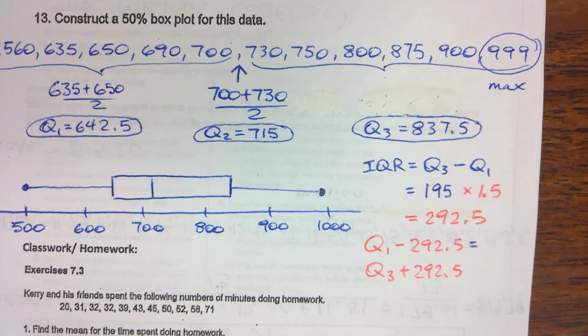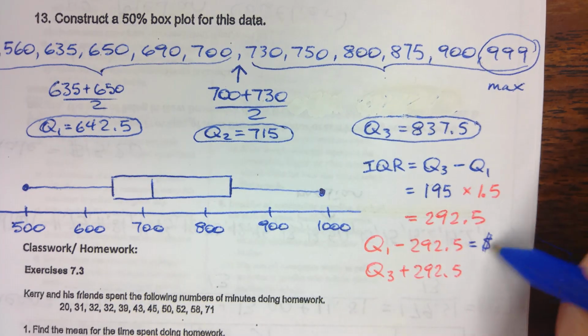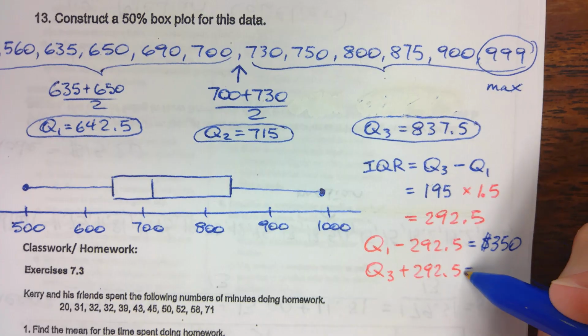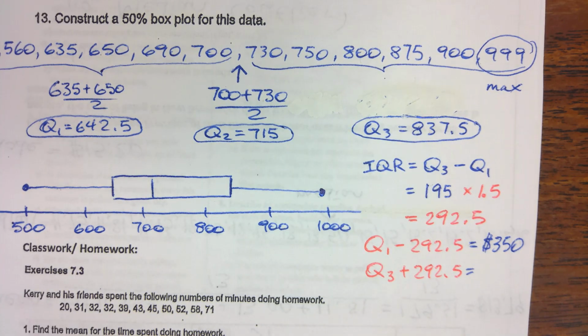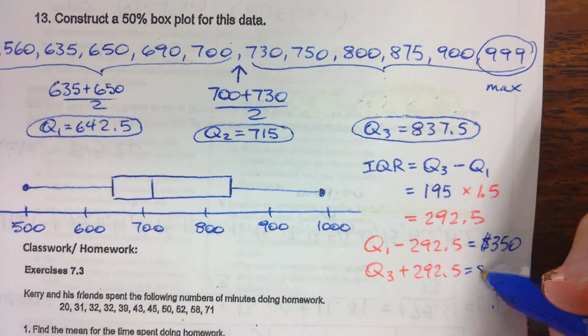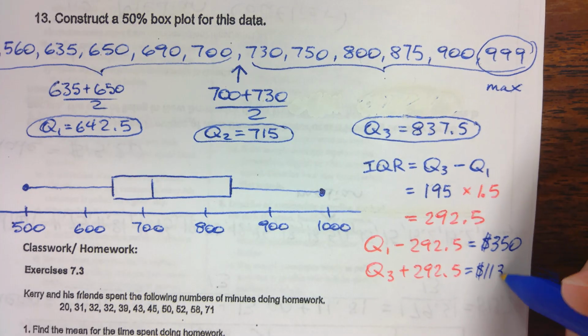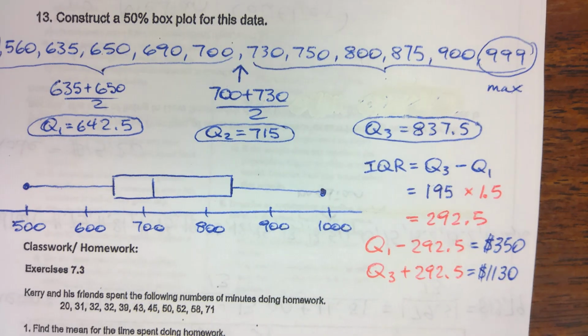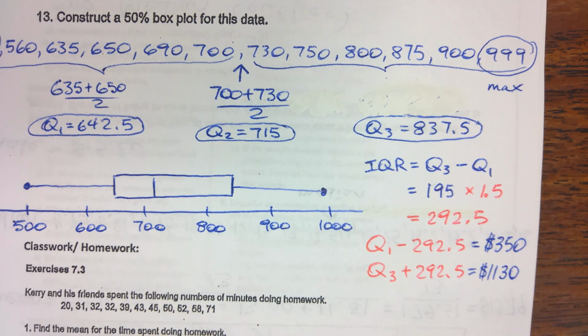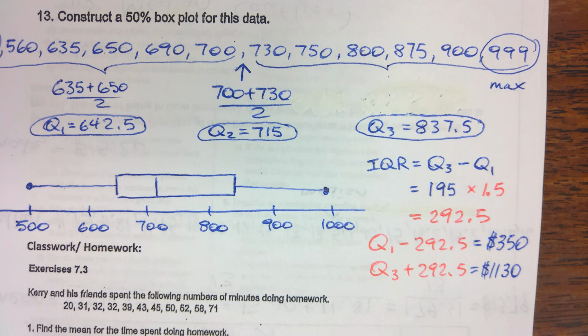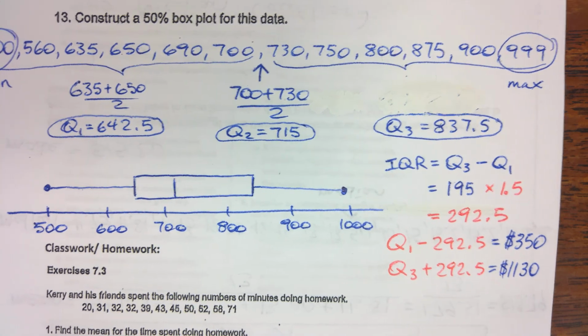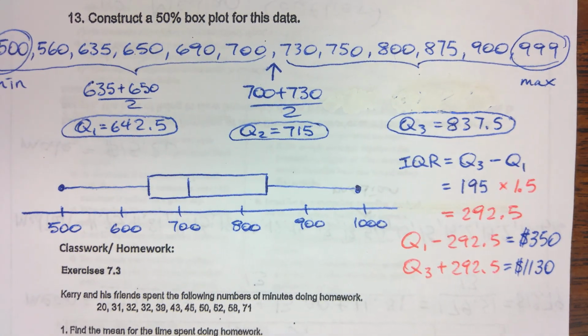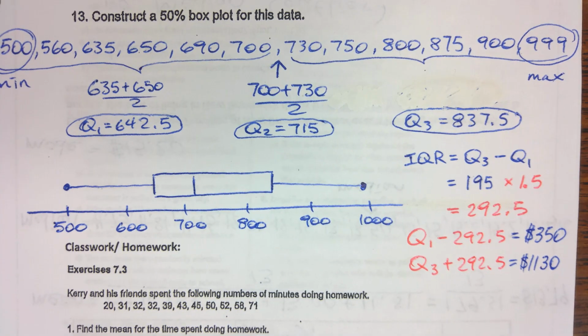So anywhere between 300 to 1,130 is within the range. All right, so my $1,200 phone on eBay is actually overpriced.